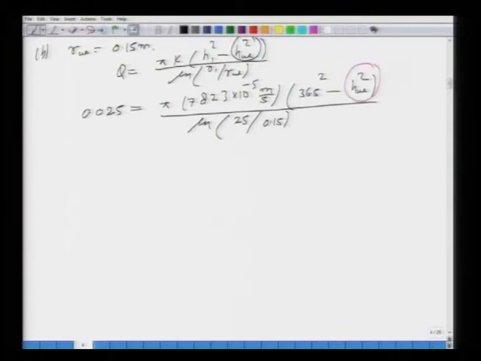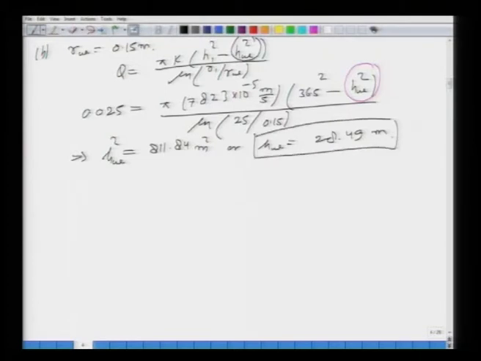If you did that, what you will have is Hw square is 811.84. Please verify all these things, it will be square meters, or that will give you Hw as 28.49 meters. Okay. So, this is the height of the water table in the well.